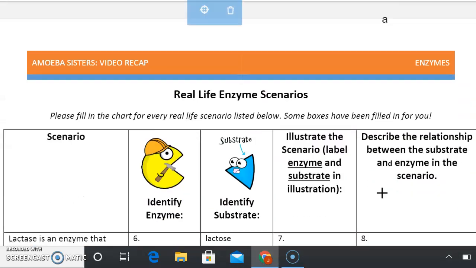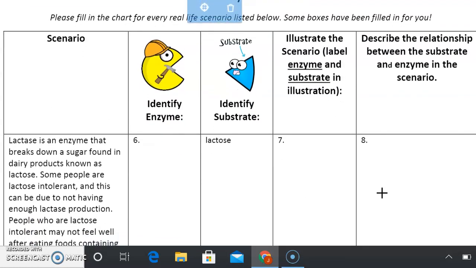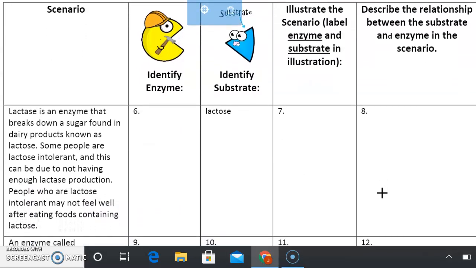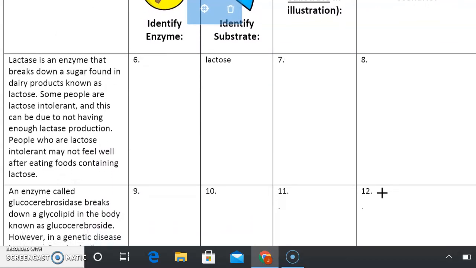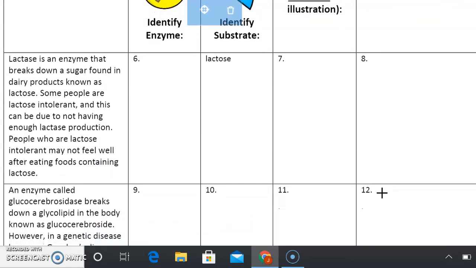And down here, we're just going to look at the enzyme and substrate real quick. We're not going to worry about the drawings and things. So lactase is an enzyme that breaks down sugar found in dairy products, known as lactose. Some people are lactose intolerant, and this can be due to not having enough lactase production. People who are lactose intolerant may not feel well after eating food containing lactose. Now, we said generally enzymes are going to end in ASE.